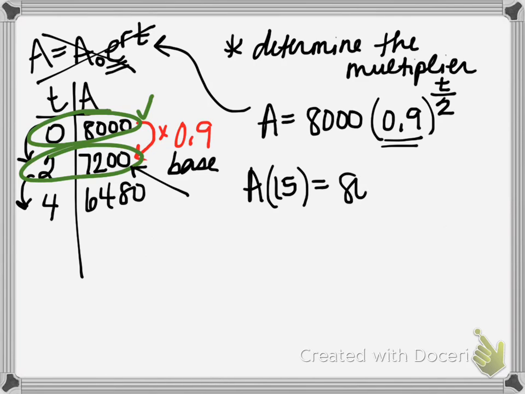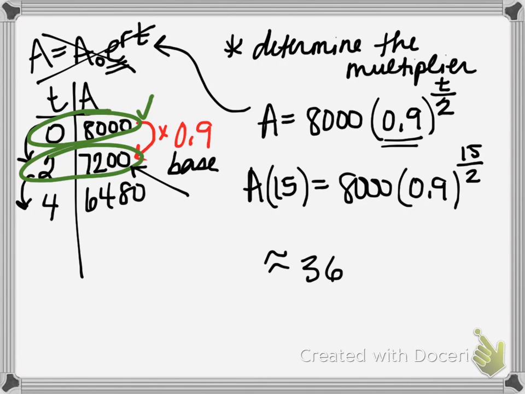And indeed, if you use your calculator and you substitute 8,000 times 0.9 raised to the 15 divided by 2 power, you'll get the same exact value that we had before. 3,630.02 people will be the number of people that this town will have in the year 2020.